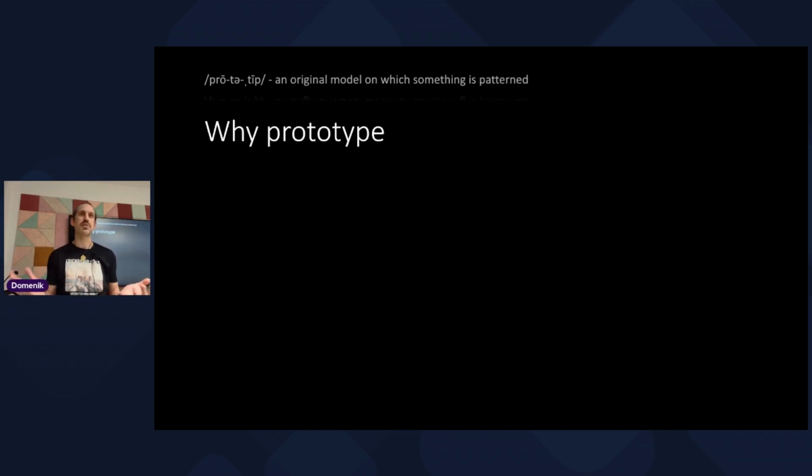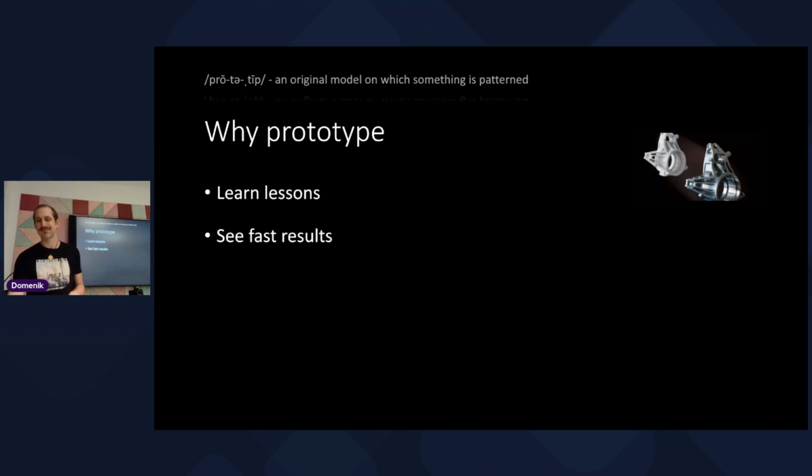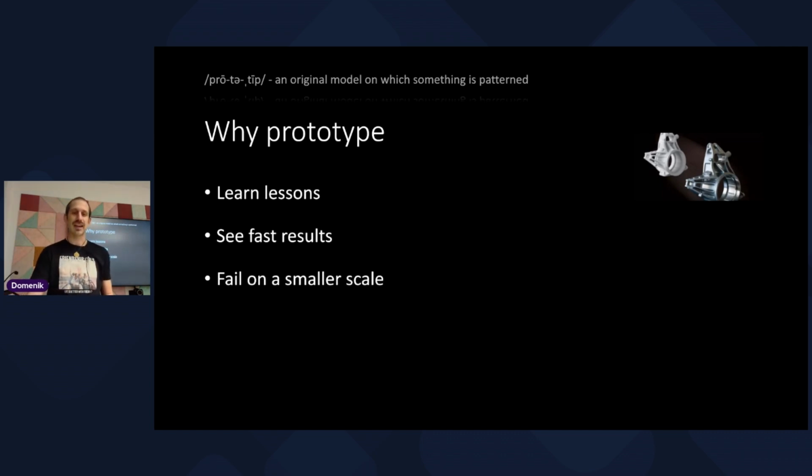So why prototype? It is usually to learn a lesson before we jump into a huge project. We want to see fast results when we prototype, and we want to fail on a smaller scale.